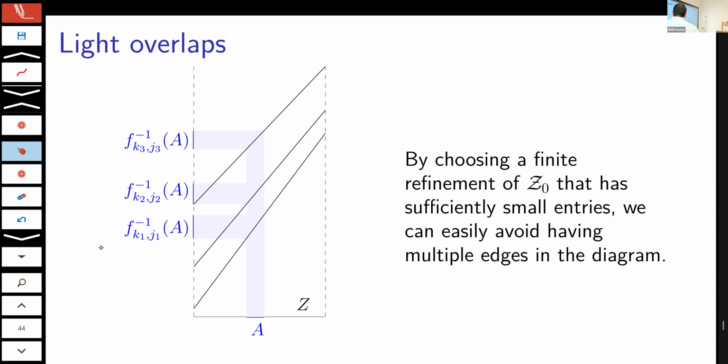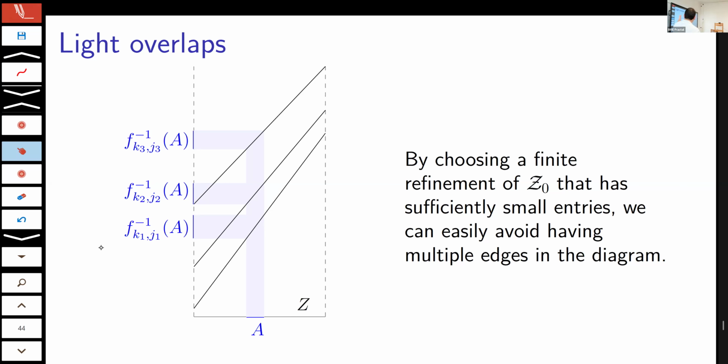So first, about light overlaps: if you choose a finite refinement of the monotonicity partition, you can choose it in such a way that the images of these small refined partition elements will all be disjoint, because the overlap is there.